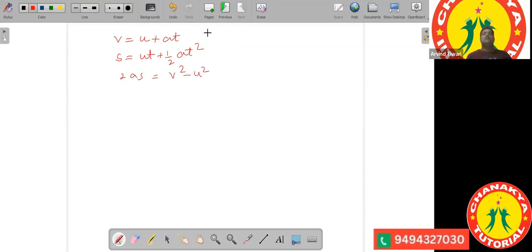Right? So the three equations of motion can be applied with gravitation also, but just by taking the value of a to be equal to g. So the same equations become v equals u plus gt, or s equals ut plus 1 by 2 gt squared.